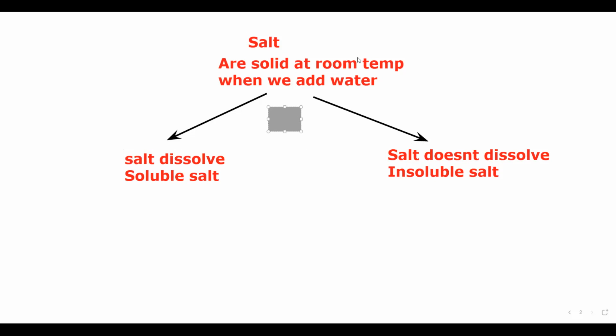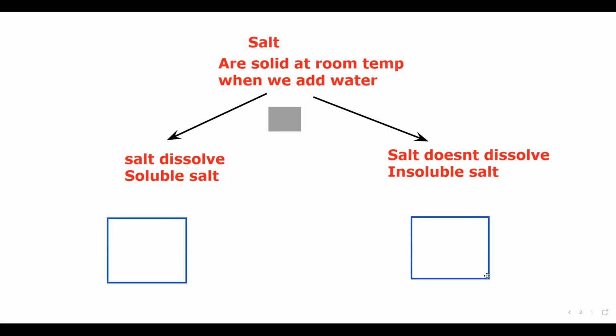So a salt, when the hydrogen of the acid is replaced by a metal, is called a salt. But there are two possibilities for a salt. All the salts are solid at room temperature, but some of the salts dissolve in water. For example, you have a container filled with water. If we add this solid to water, sometimes the salt dissolves. When the salt dissolves, it disappears, we don't see anything.